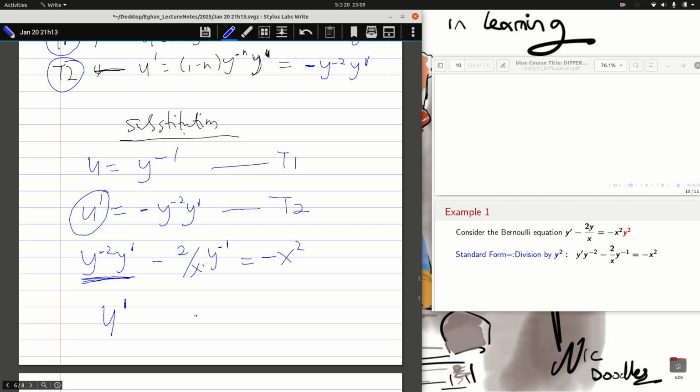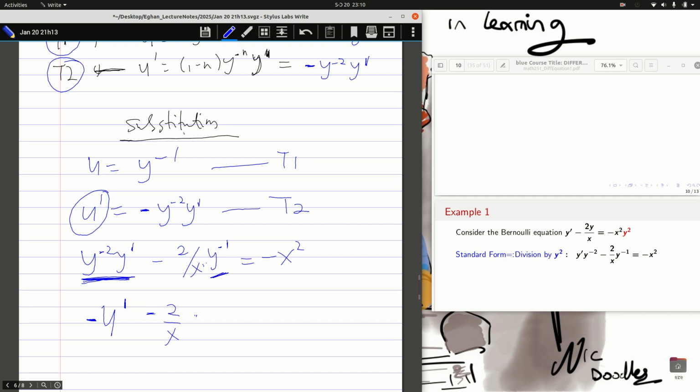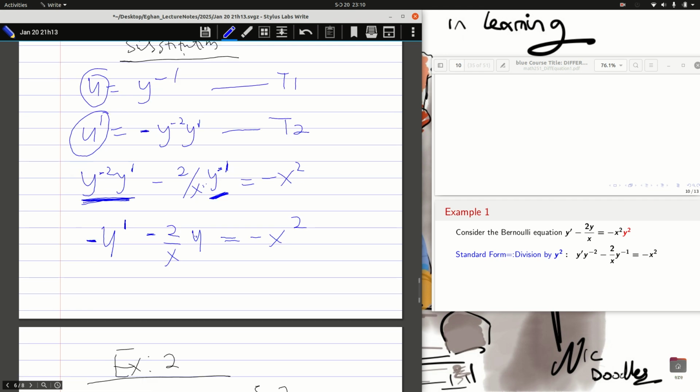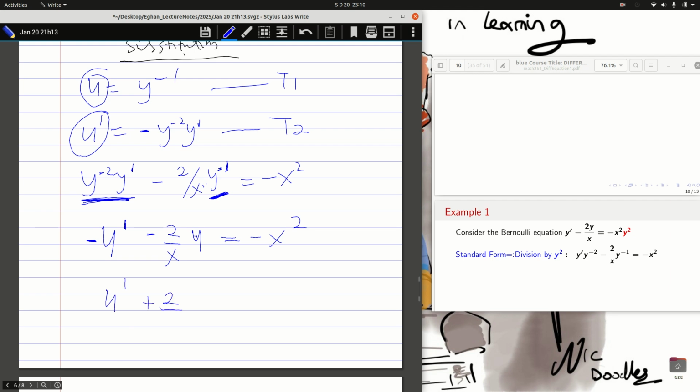I'm rewriting the terms in u. So negative u prime. Why negative? Because this is a negative here, but this is positive. Okay. Minus 2 on x, do I know the representation of y to the negative 1? Yes, it is u. So I have u is equal to my negative x squared. If I multiply through by negative 1, I have u prime plus 2 on x u is equal to x squared.